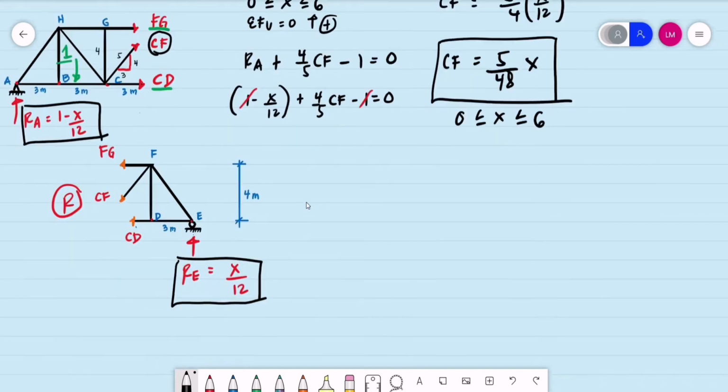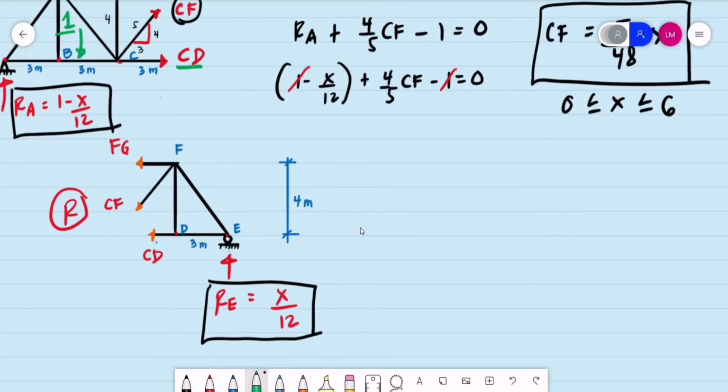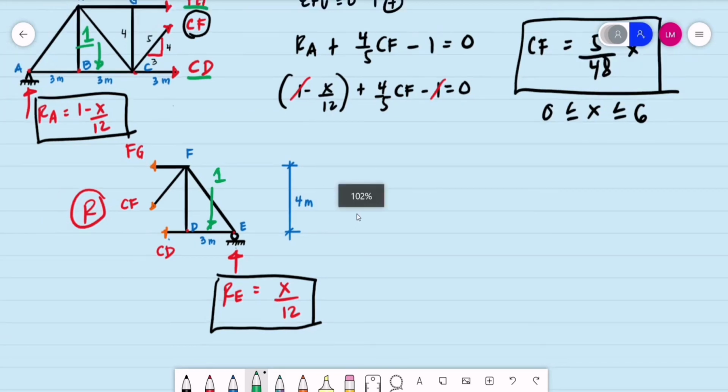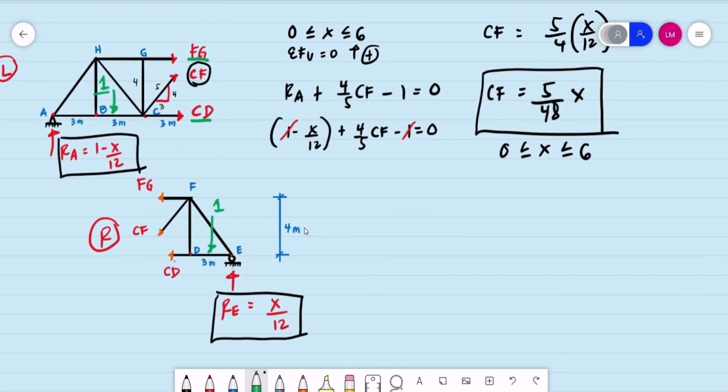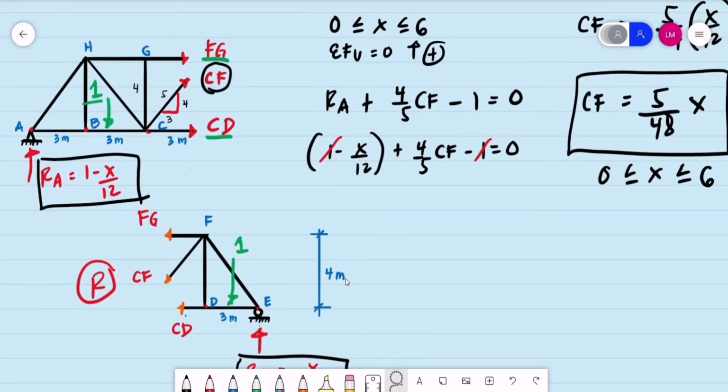So our next assumption is, what if the 1 unit load is already on this side of the cut section? So we have on the right side the 1 unit load. How do we compute the equivalent of CF? We'll be removing the 1 unit load on the left side. Can we still use this? Yes, we can still use the left side this time.